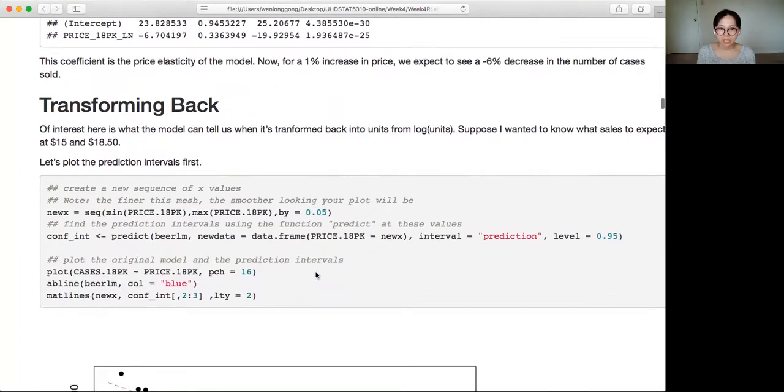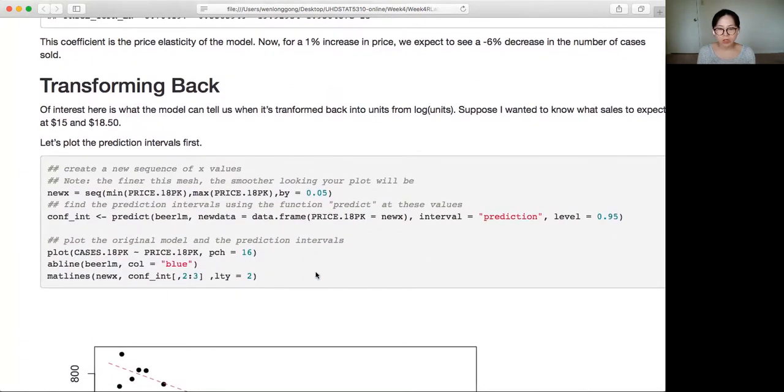And let's look at a prediction interval compared to the original model. Let's do the prediction interval for the original model first, where I get a sequence of our x values and compute the interval for a sequence of new x values. This is how I do a prediction interval for the new data, a 95% interval, by the way.